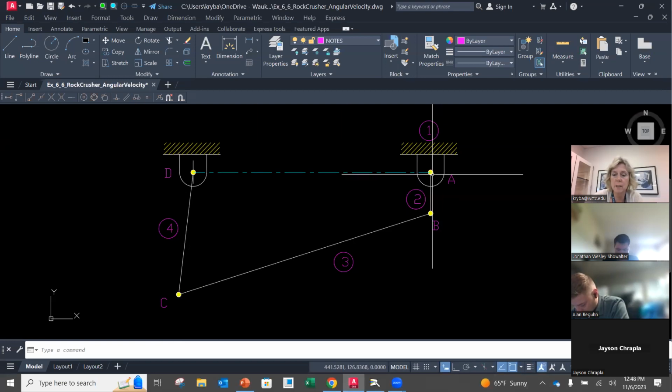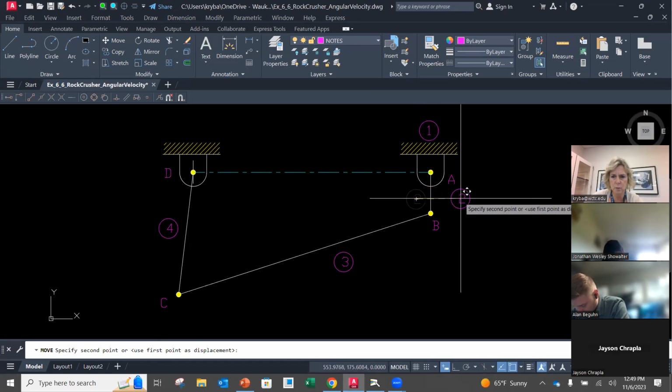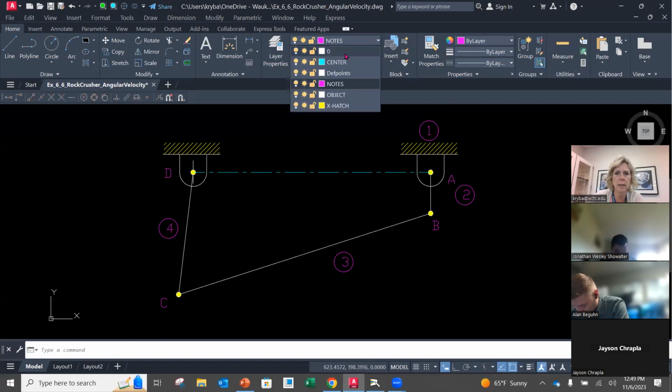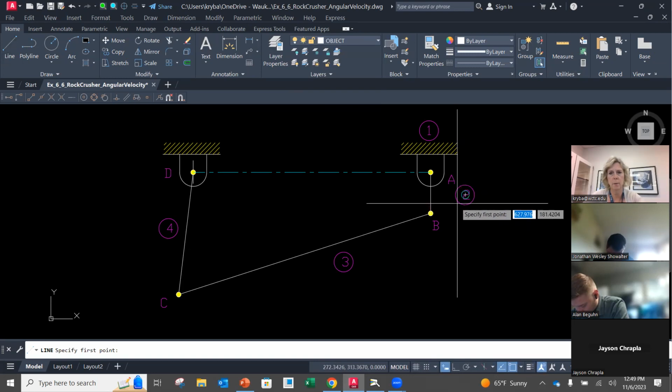Okay, so what I'm going to do right now is add in, if this is going at a rotation here, the velocity vector perpendicular to link number 2. So I'm going to move this link number 2 and simply put in a line, using the object layer line, and I just want my line to be perpendicular to it.